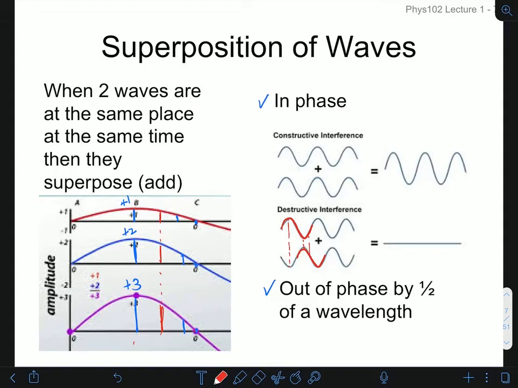The result is you have no wave. They exactly cancel, and that is destructive interference. In the case of light, constructive interference gives you a bright result, and destructive interference gives you dark, or there's not going to be any light there.